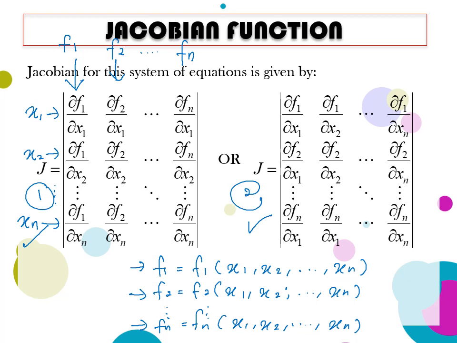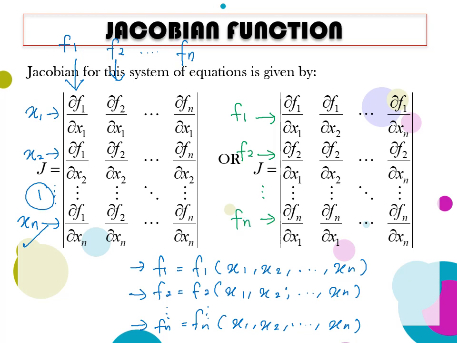While the second formula here is formulated when you rearrange your functions so that the first row is your f1, the second row is your f2, until the last row is your fn.